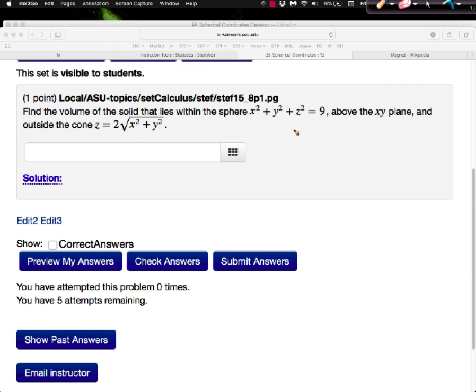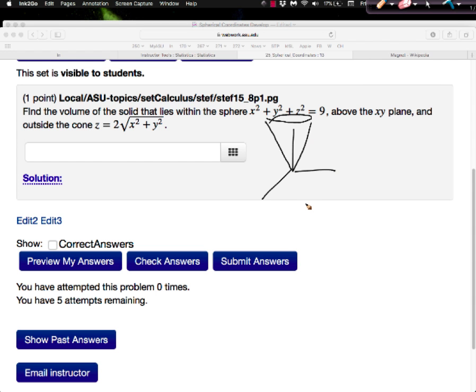Right, so always a picture, always a picture. So this cone is going to be what? Stretched vertically in the z direction times 2 from our baseline cone. So I'll draw it a little steeper here like this. And it's going to be outside of that cone.